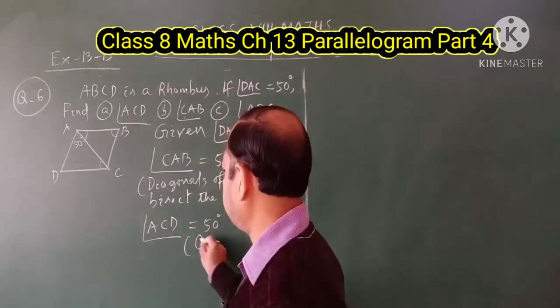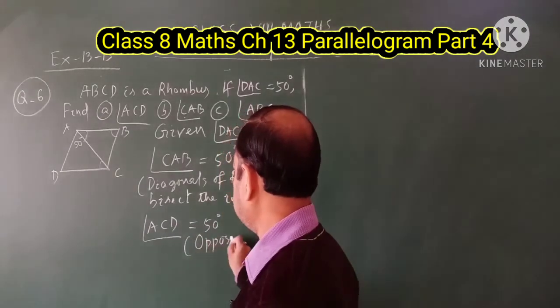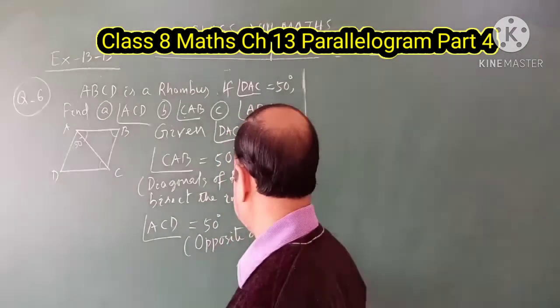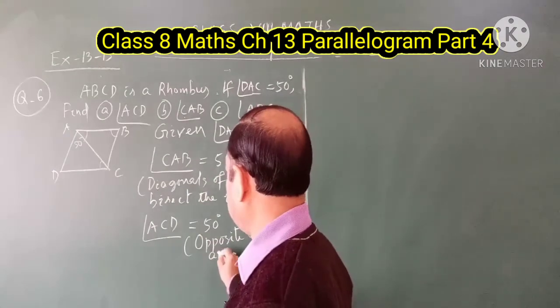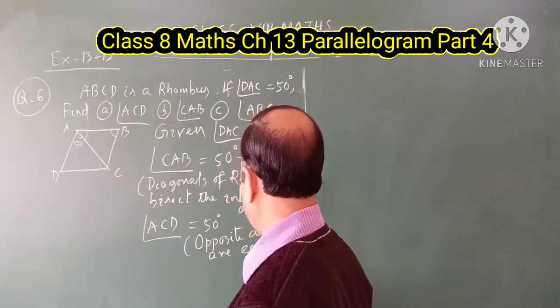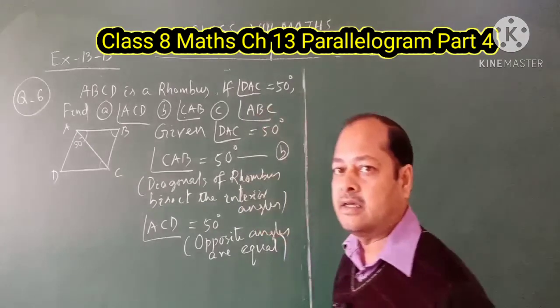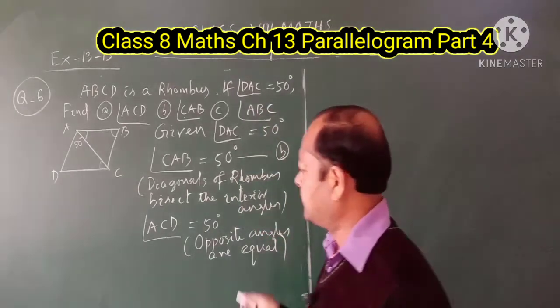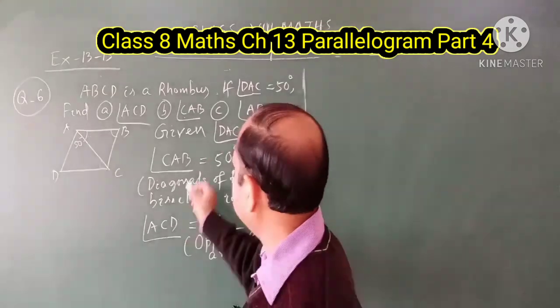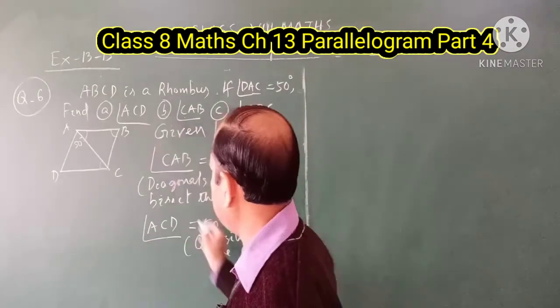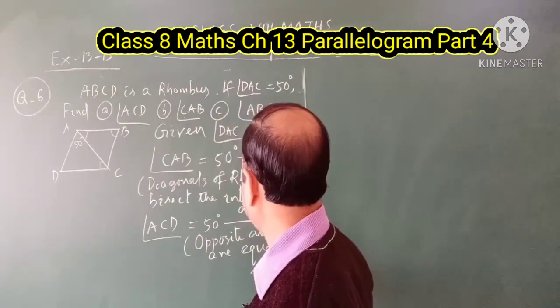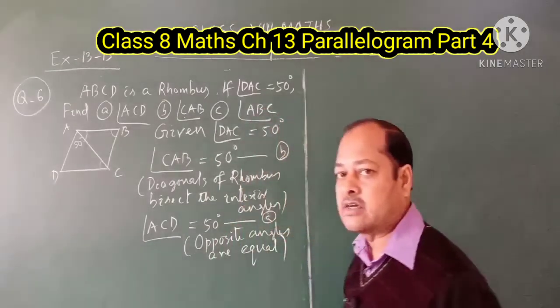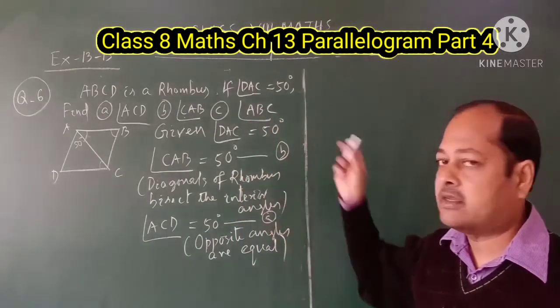You can bracket it, write down opposite angles are equal. Okay, opposite angles are equal in a rhombus. This is one of the properties of rhombus. Then we have got ACD, how much? That is 50 degree. That is question A. Question A and B already solved.